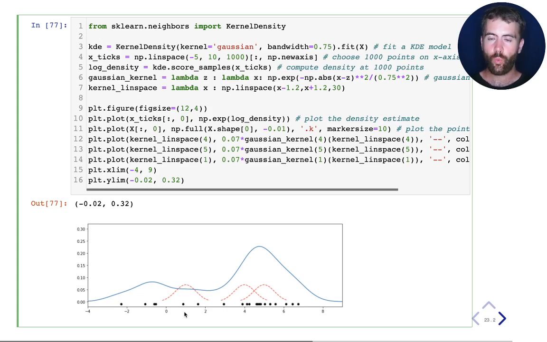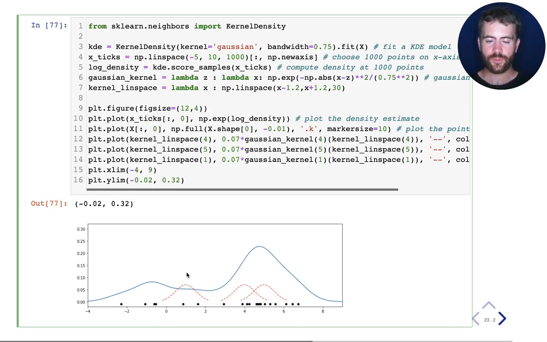So I have fixed one of the inputs to the kernel function to be a point on the x-axis that's centered here, and you see in dashed red the value of the kernel as I vary the other parameter. And so if it's different from the center of the kernel, then this kernel becomes smaller and it achieves its highest point at the center.